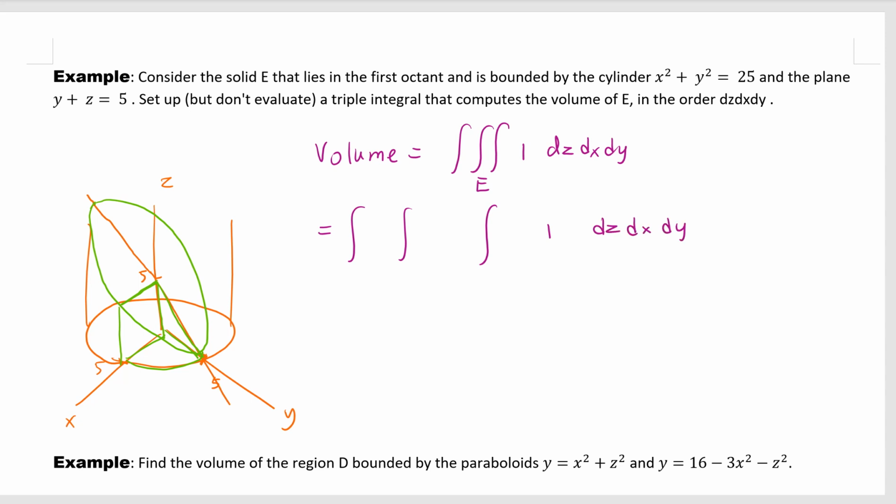Now let's see. We look from the outside to the inside. dy, where is dy? Here, this is dy. And then we have dx.